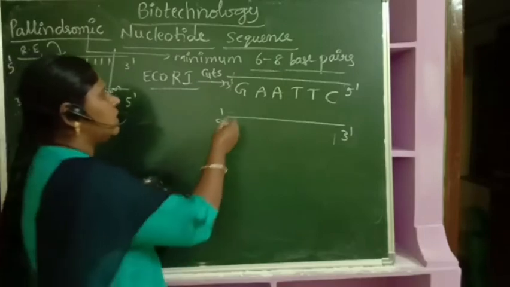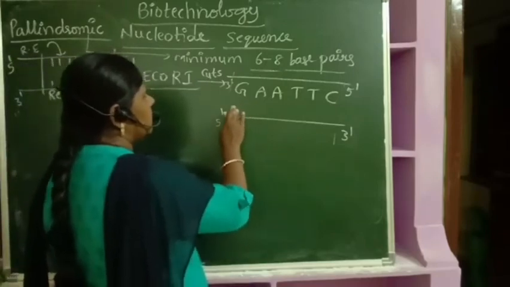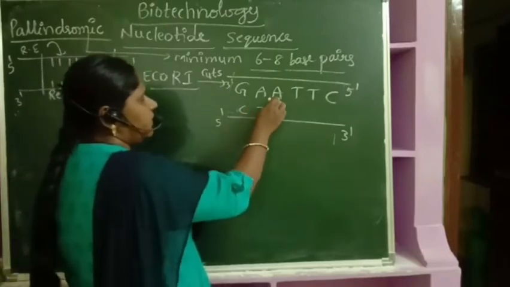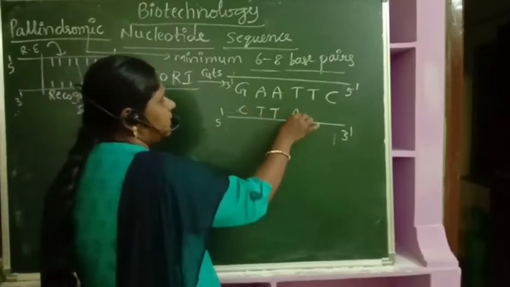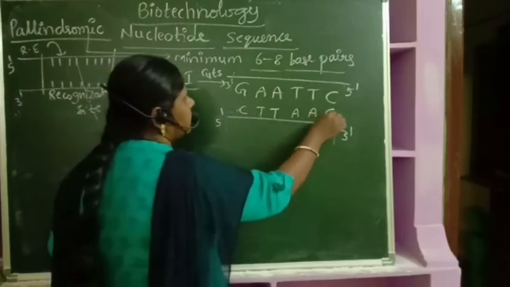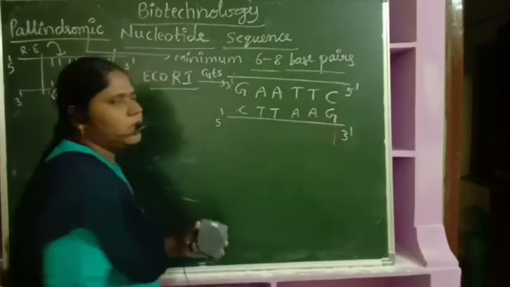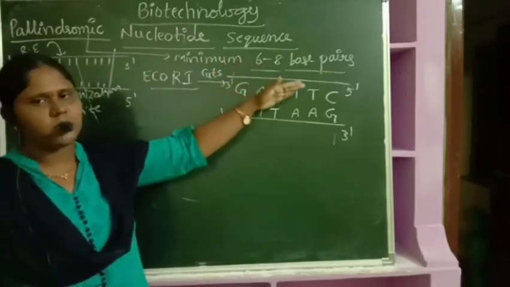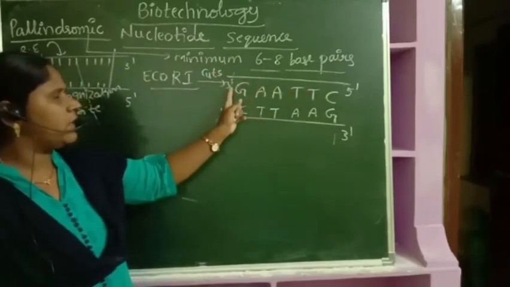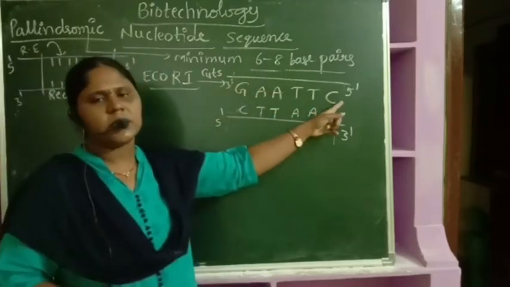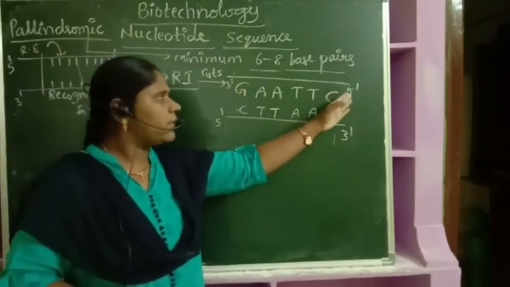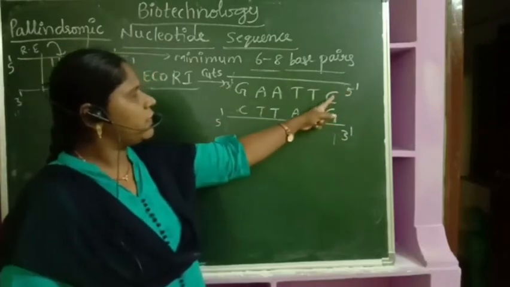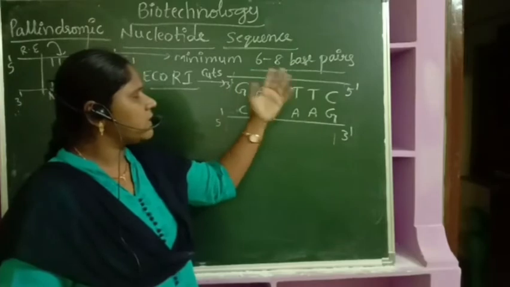G always pairs with C, A always pairs with T, T pairs with A. If you read from 3' to 5', the same thing will be there from 5' to 3'.